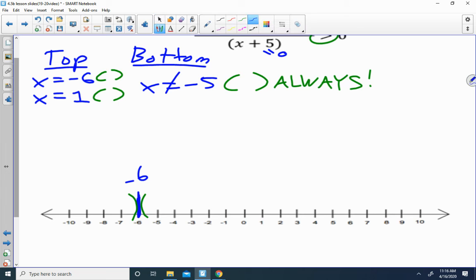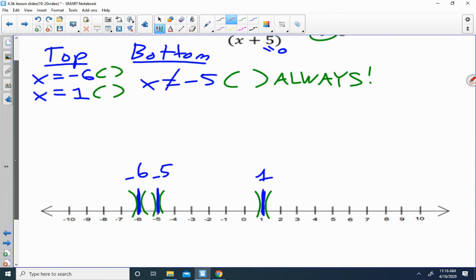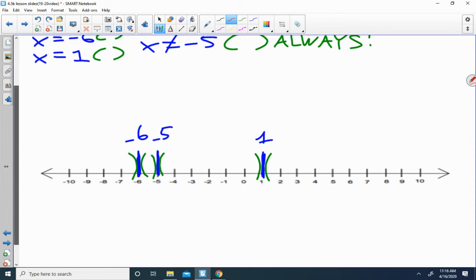And then we have a top also at 1, which also has open parentheses. And then we have a bottom at negative 5. Uh-oh, that's going to mean we're going to have a really tight interval. Ugh, that doesn't look pretty at all. But sometimes this will happen, and sometimes you just got to do it.